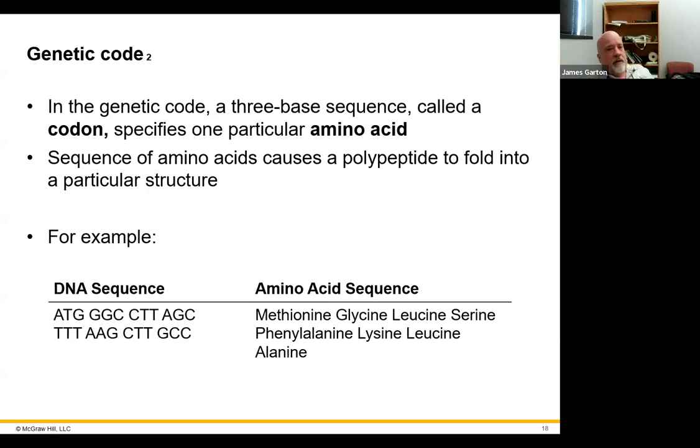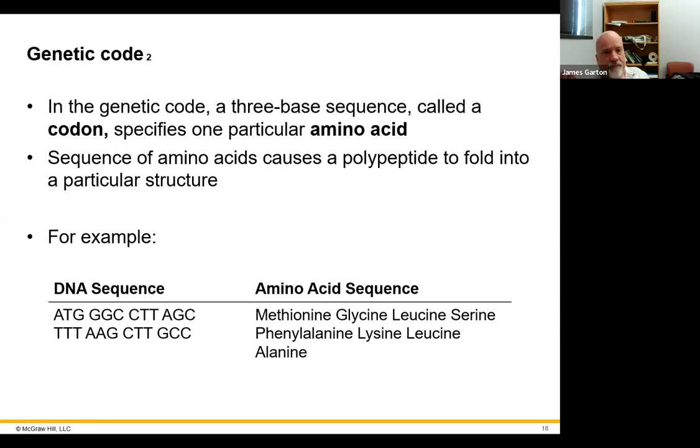The genetic code is a 3-base sequence. And every 3 bases is called a codon. And every codon means something, or most codons mean something. And these codons specify an amino acid. And when you get the amino acid chain linked together, it becomes flexible.